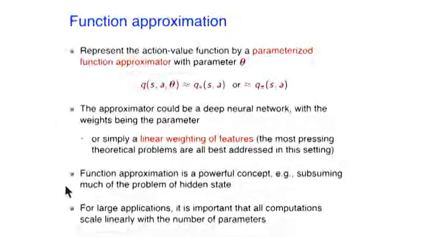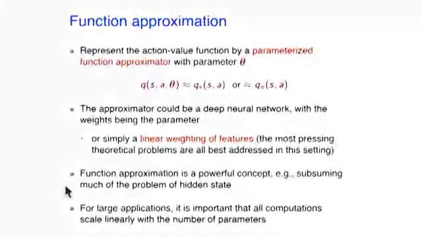Now I just want to say it's a powerful concept. For example, if you have a parametric representation, you have essentially the problem of hidden state, because your features may not tell you all about the state. And so subsumed in the problem of function approximation is the problem of hidden state.